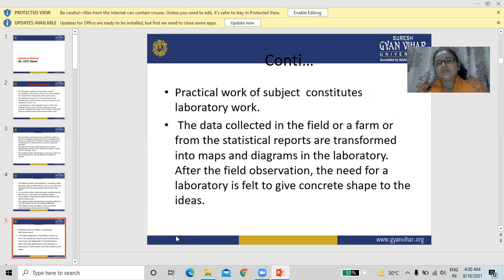The data collected in the field or a farm or from statistical reports are transformed into maps and diagrams in the laboratory.